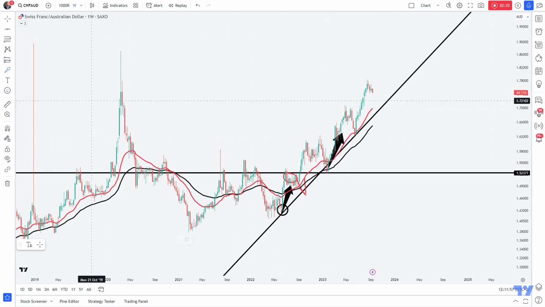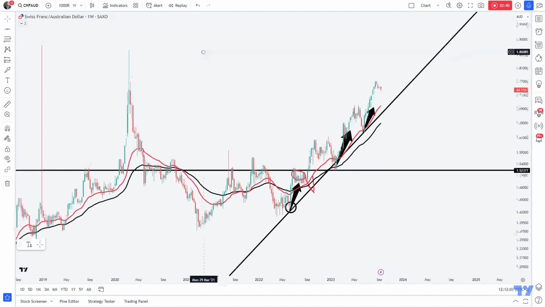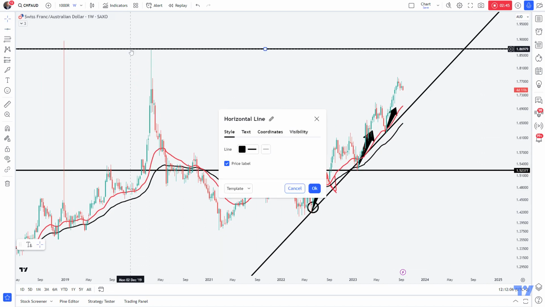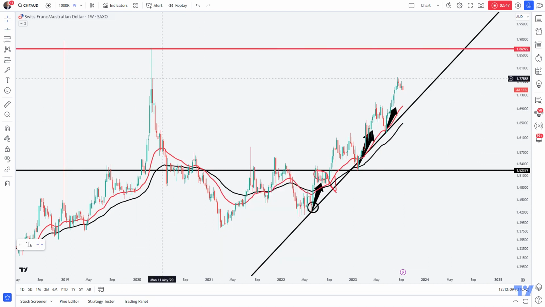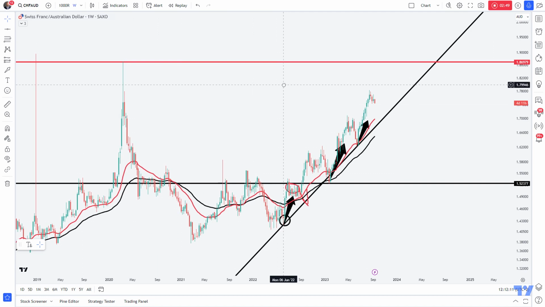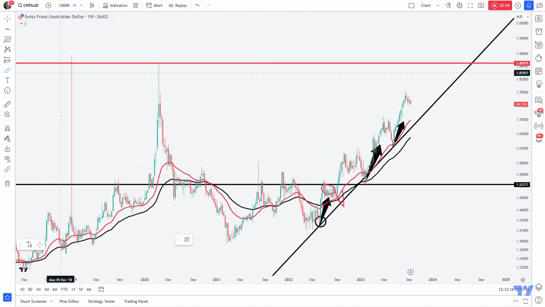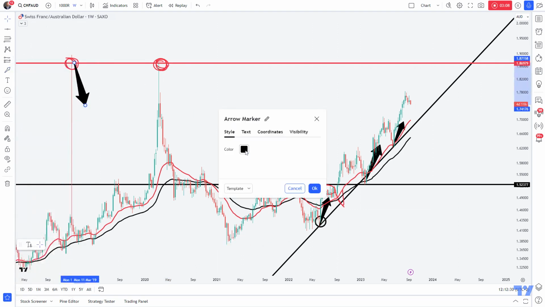and is now approaching a really, really important dynamic within this upper structure, because here the CHF AUD pair has a major resistance. Within these upper boundaries, the CHF AUD pair has a major supply level from where the price already pulled back several times to the downside, showing up with these heavy bearish pullbacks.